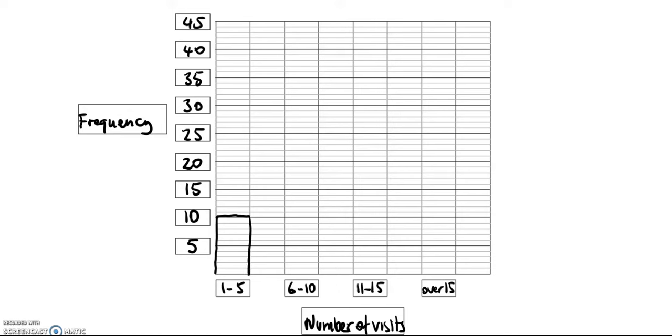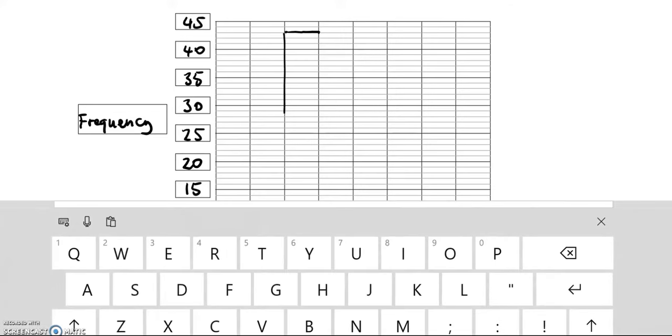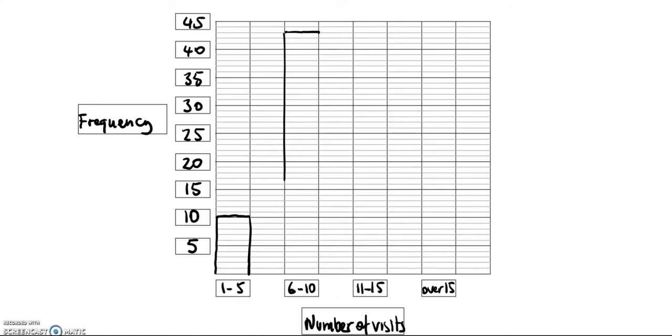For 6 to 10, it's 43, as we've just seen, so leaving a gap. I'm going to 43. For the number of visits 11 to 15, we're going to 22.